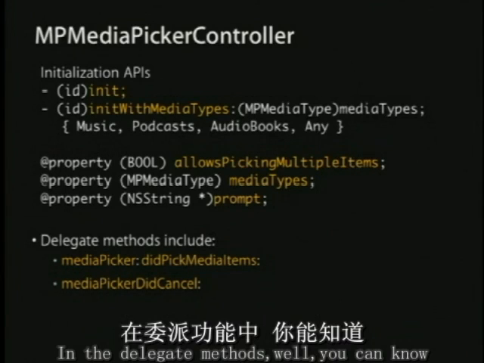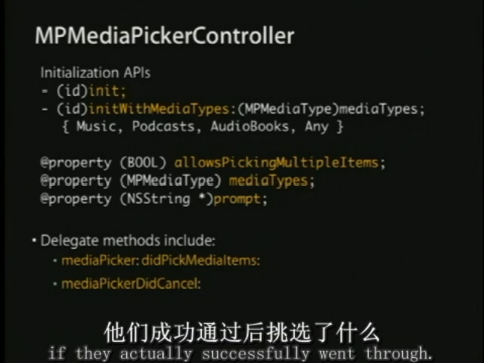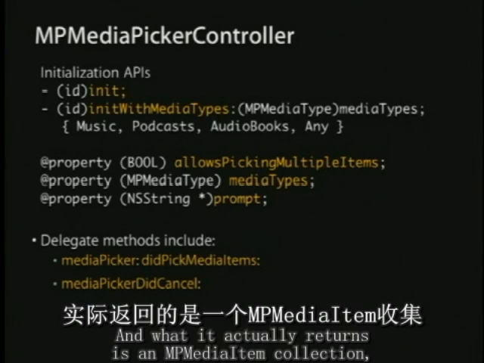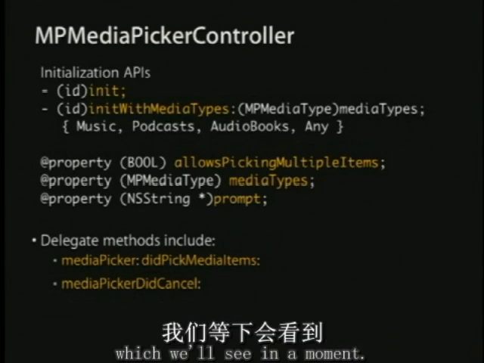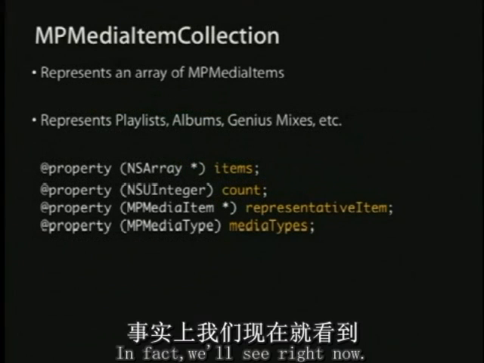And with the delegate methods, you can know when the user hit cancel, and you can know what they picked if they successfully went through. What it returns is an MP media item collection, which we'll see right now.